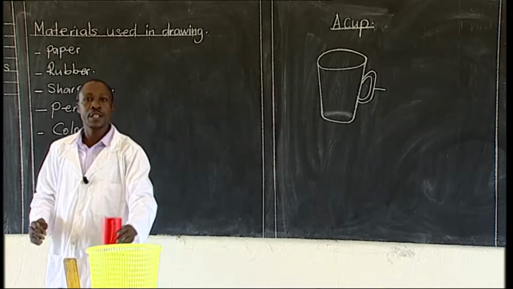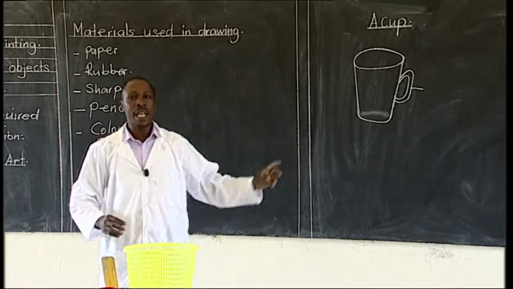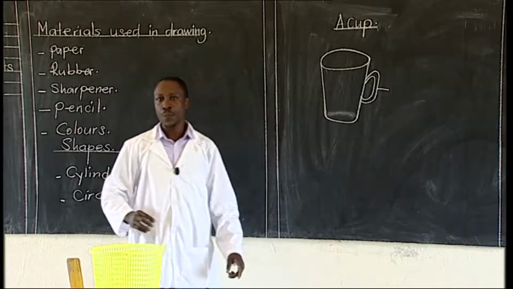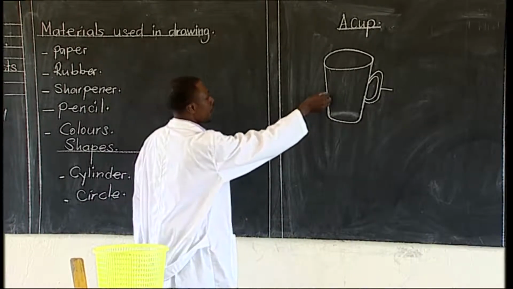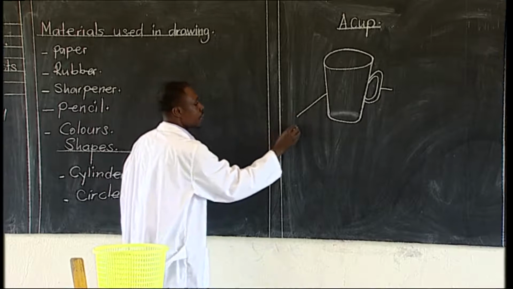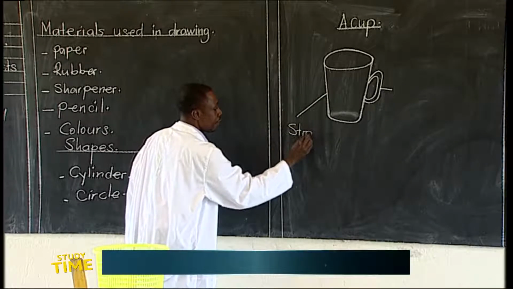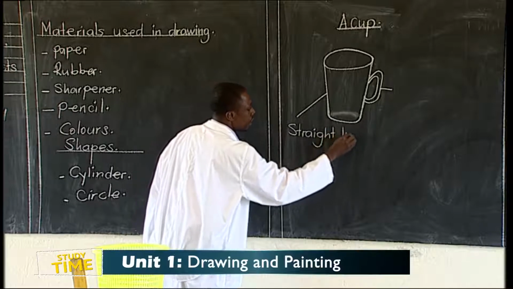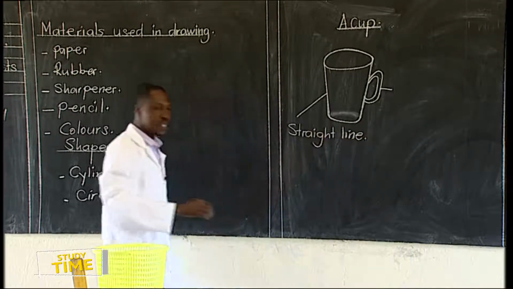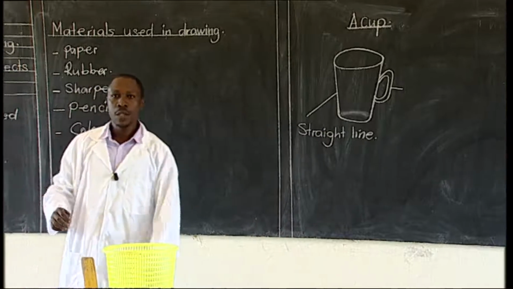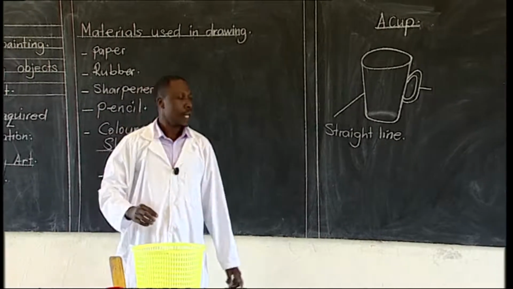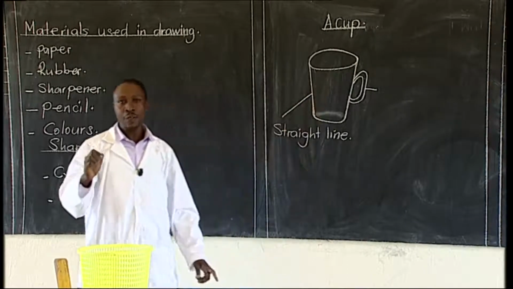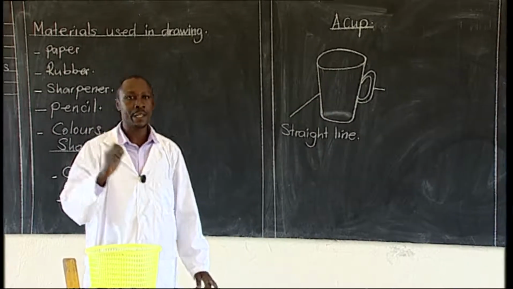Sometimes they can ask you, which lines have we used to draw this cup? We have this one. We call it a straight line. Do you know a straight line? Then we have this one. It is curved and closed line.